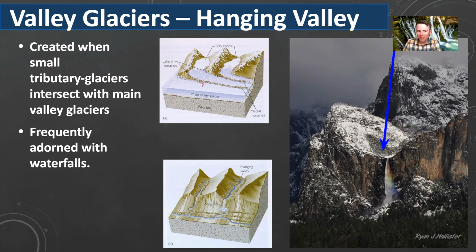And so what happened is after the main glaciers melted away, you get these valleys that look like they're just hanging, and that's where it creates your waterfall. So anytime you see waterfalls in Yosemite, you can pretty much guarantee you're either standing on the edges of a glacial U-shaped valley or a hanging valley like this.